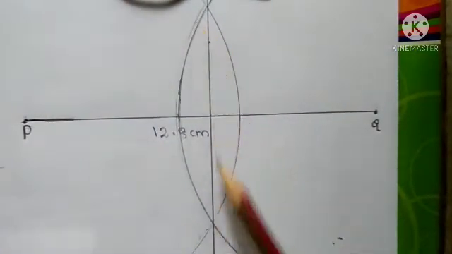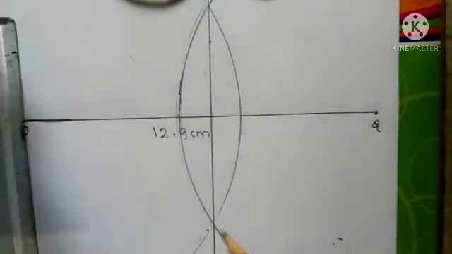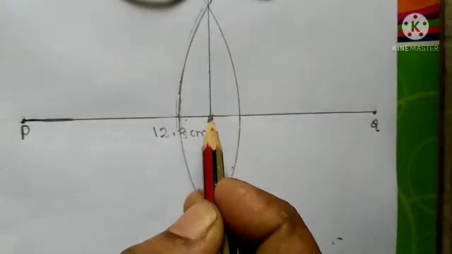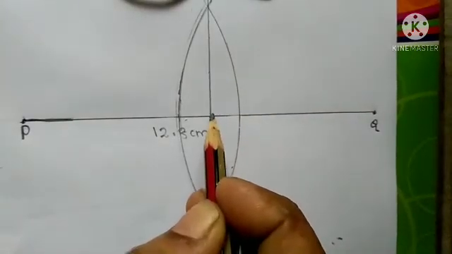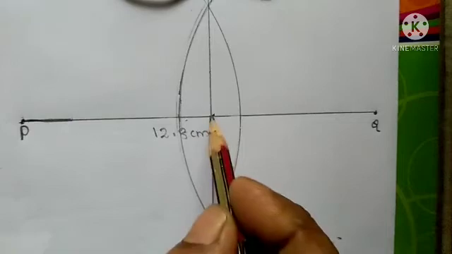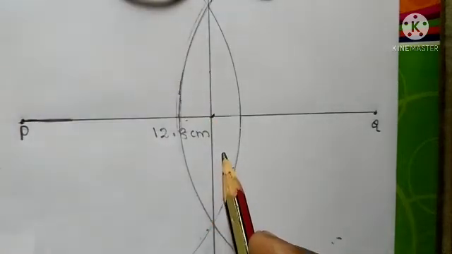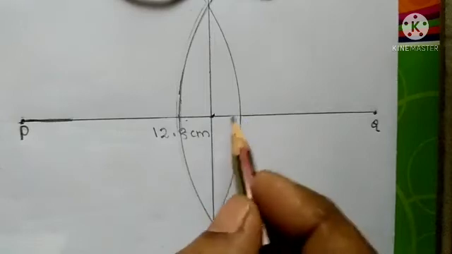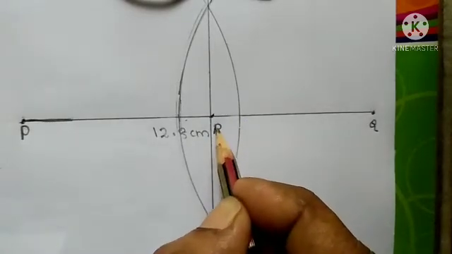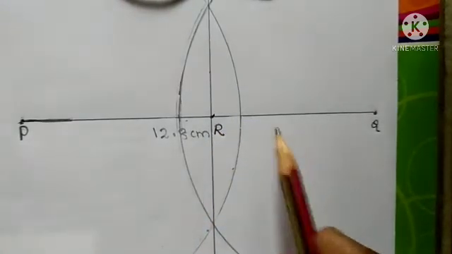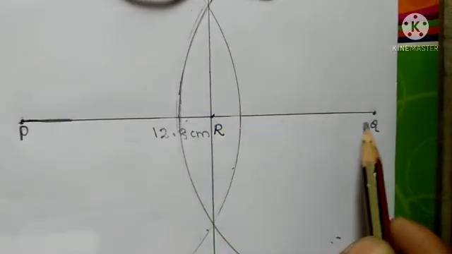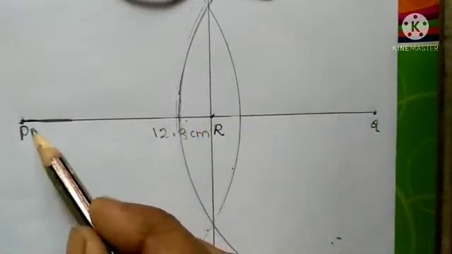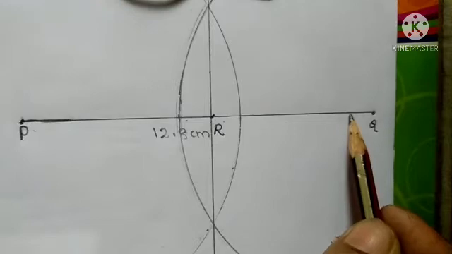Point will be the midpoint of PQ. Because this line segment is the bisector, so this point will be the midpoint. Let it be R. Next we have to draw the bisector to PR and RQ.